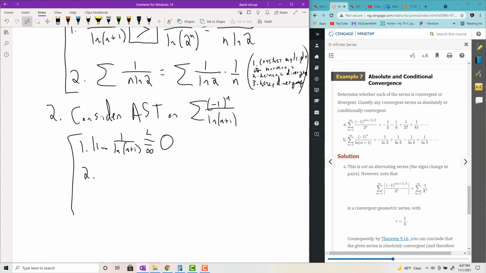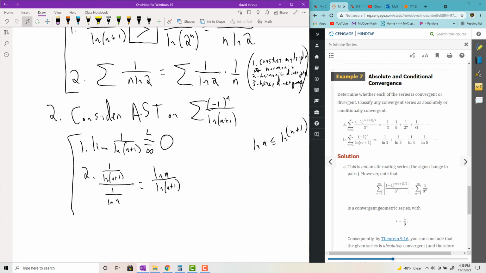Okay. Secondly, you could look at a ratio of the terms. So 1 all over a sub n plus 1 is ln of n plus 1 all over 1 all over ln of n. That'll equal ln of n all over ln of n plus 1. The natural log is an increasing function, so it's fundamentally true that ln of n will be less than or equal to ln of n plus 1.